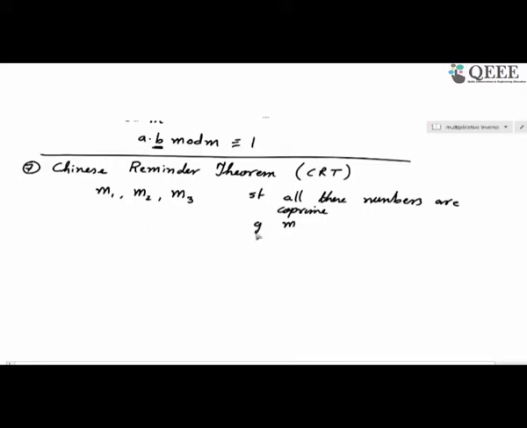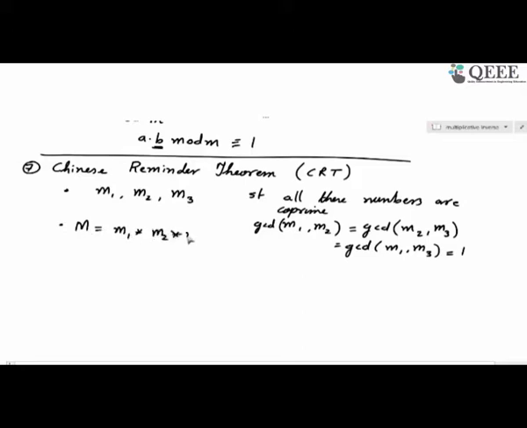It means that GCD of m1 comma m2 is equal to GCD of m2 comma m3 is equal to GCD of m1 comma m3, and this is equal to 1. So we have m1, m2 and m3, and let capital M be the product of these three numbers. That is, capital M is m1 into m2 into m3.